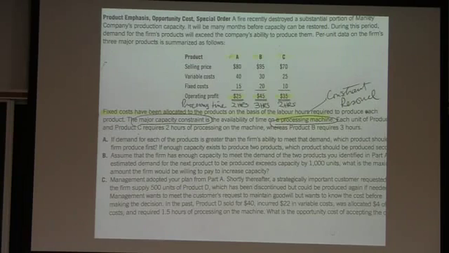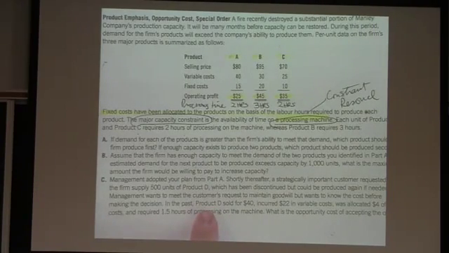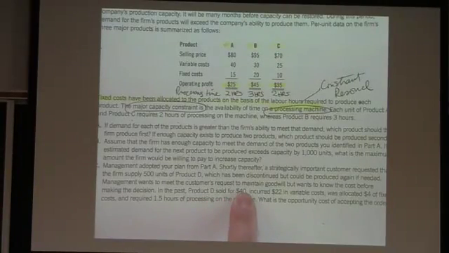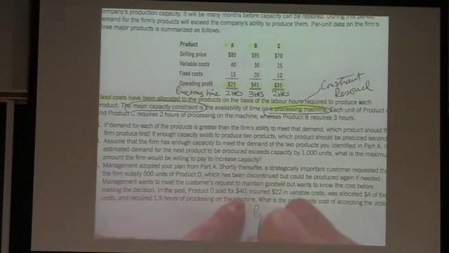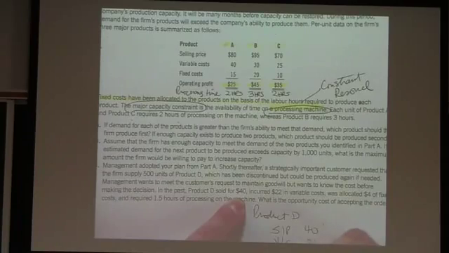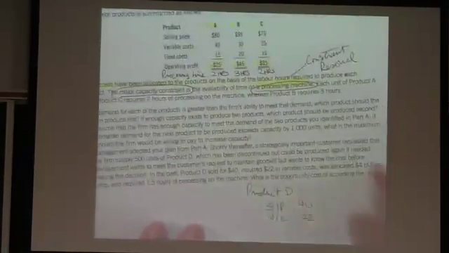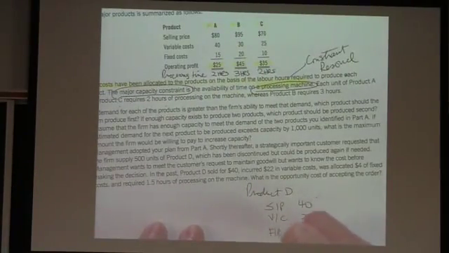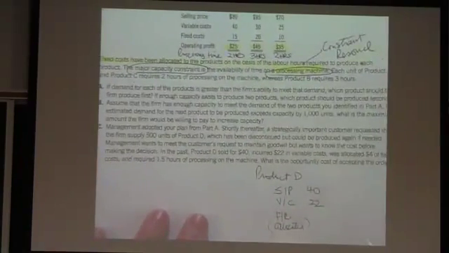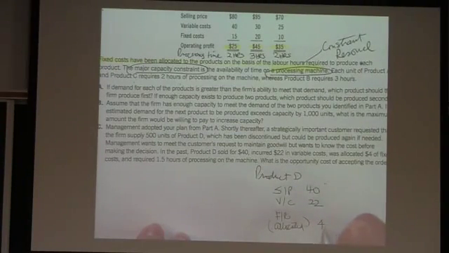This is the whole idea of needing to give up our existing product production cycle to meet the special order. In the past, product D was sold for 40. So this is product D: sales price is 40, variable cost is 22, and they've allocated fixed cost of $4.